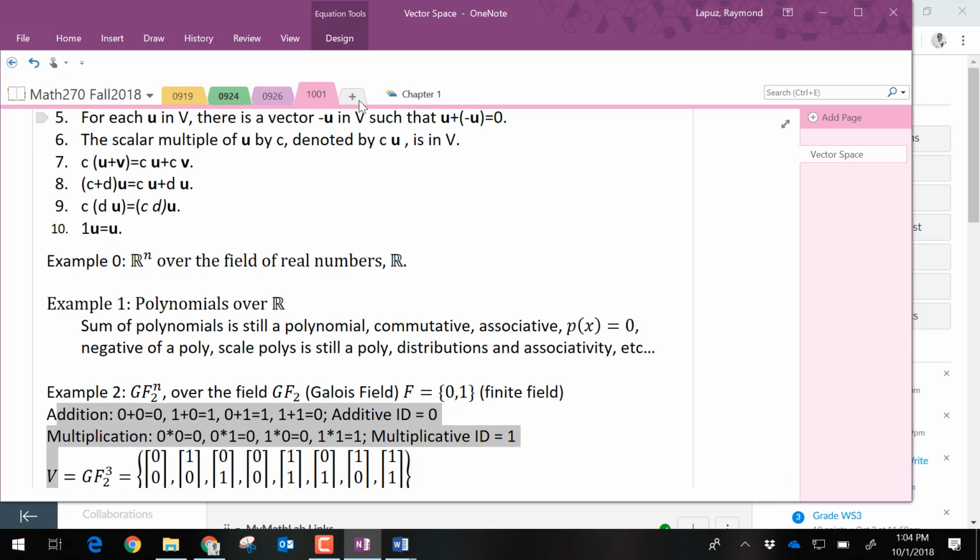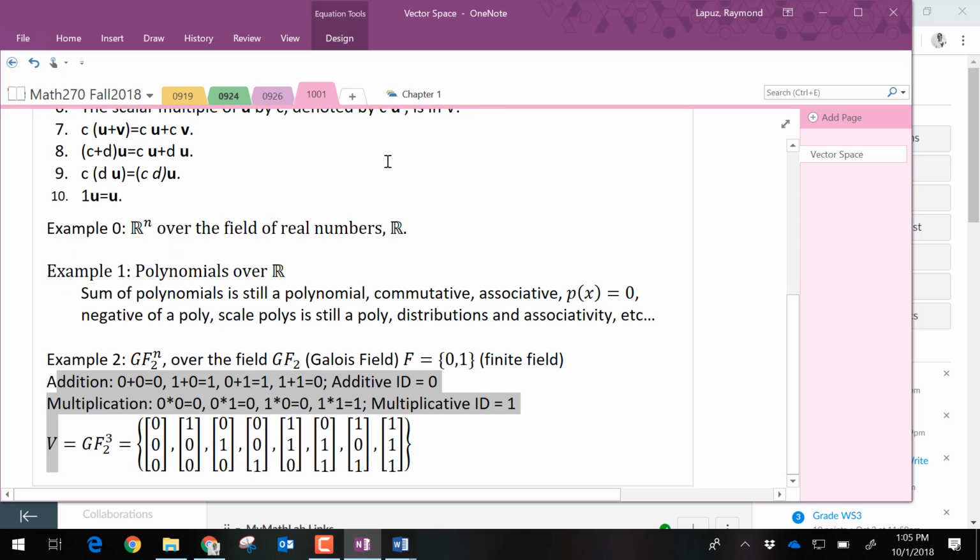So since this is a new field for us, we can define it. We have to define the field using the basic addition and multiplication, what they are, and after we do that, then we can define the vector field, because when we do the scalar multiplication, we're going to be multiplying within here.